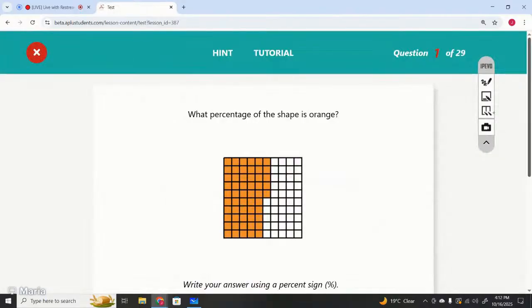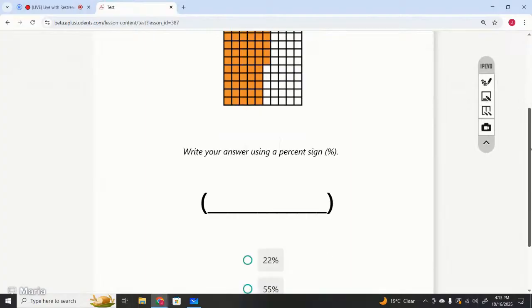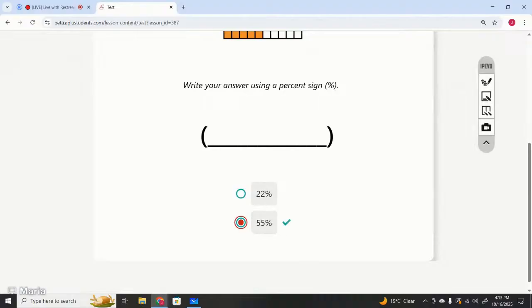What percentage of the shape is orange? 10, 20, 30, 40, and 50. And 5 is 55. So that is 55%. Option number 2 is the correct option.